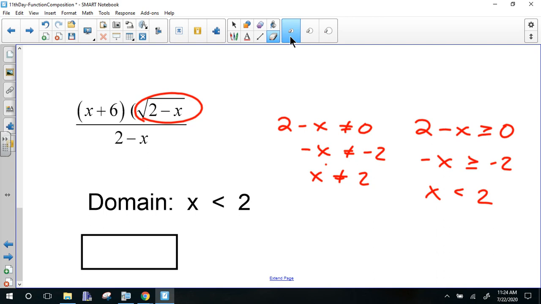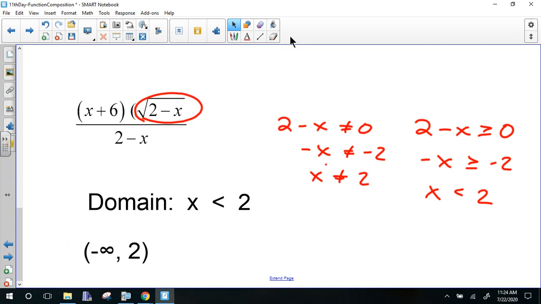Take that little equal to off, and you get an answer for your domain of x less than 2. x has to be less than 2, so that's negative infinity to 2 in parentheses. So we had two issues with domain that we had to combine down into one here. It can't equal 2, so you've got to take that equal sign off.